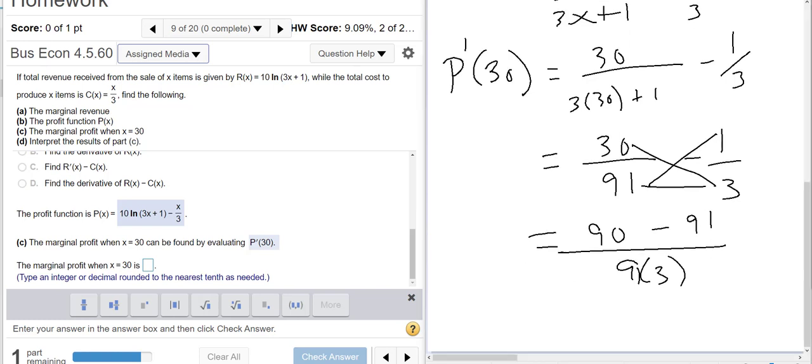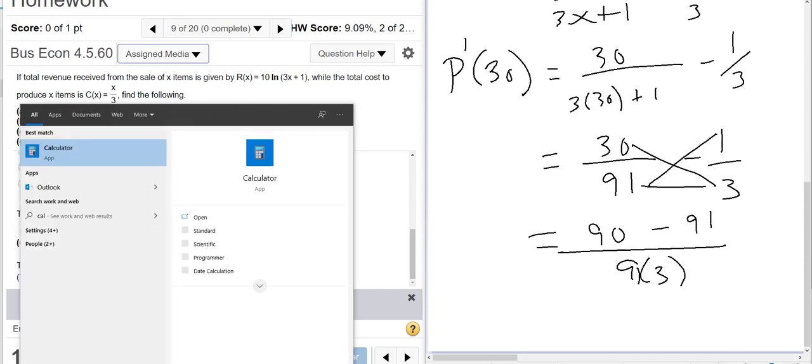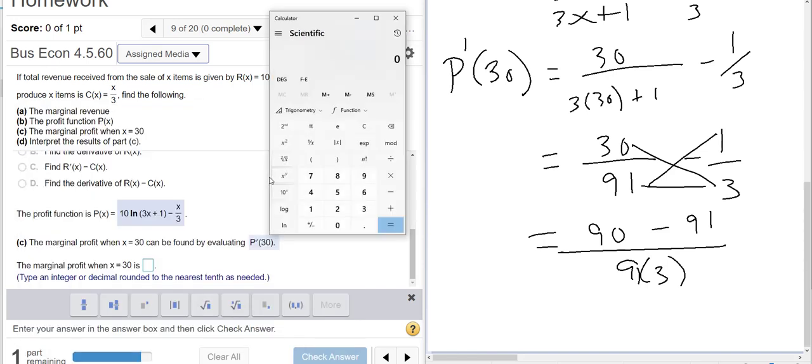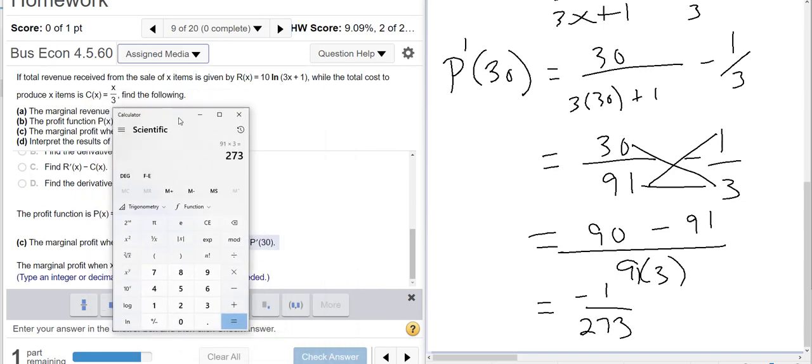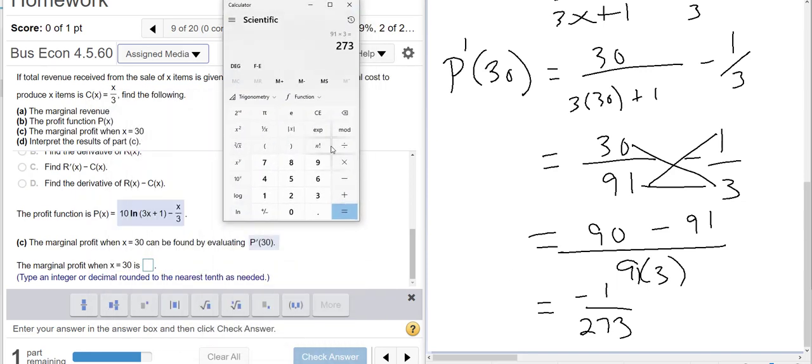So I'm going to get my calculator out here. And I know 90 minus 91 is -1. 91 times 3 is 273. I'm going to get this as a decimal, because we're talking about revenue, that's money.